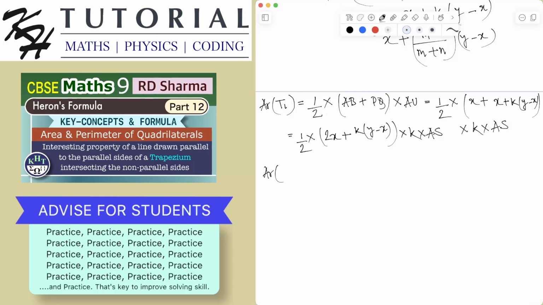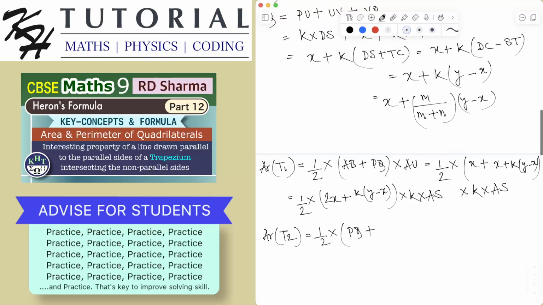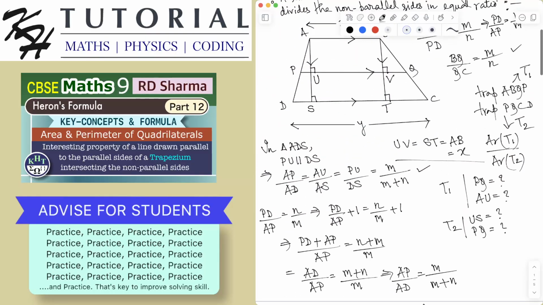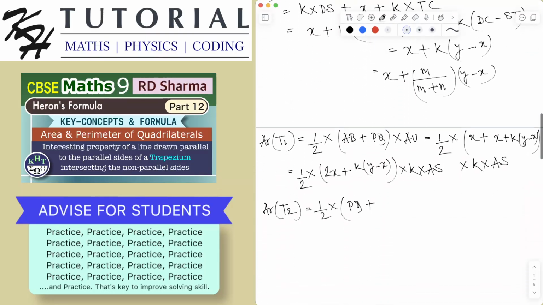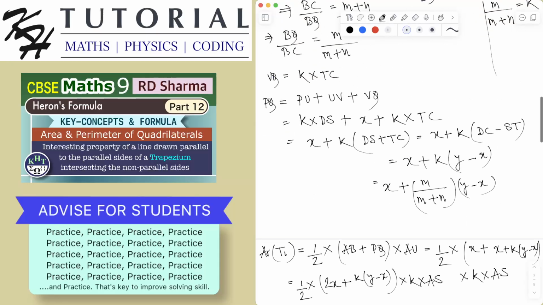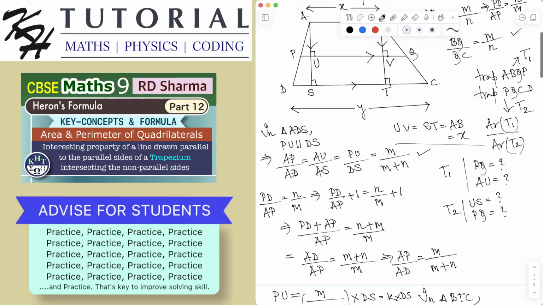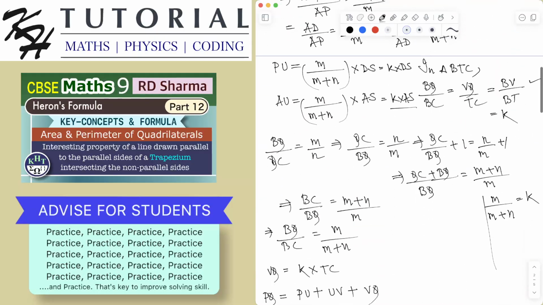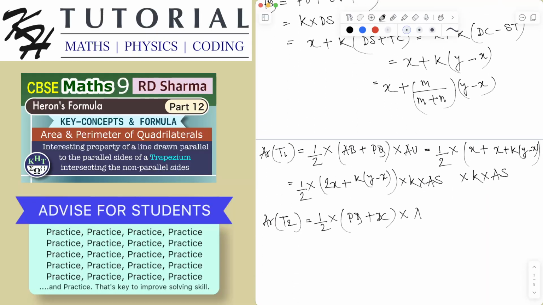So the area of the trapezium T2 is half into one of its parallel sides, PQ, and the other parallel side, DC, multiplied by the altitude of the trapezium T2, which is US.